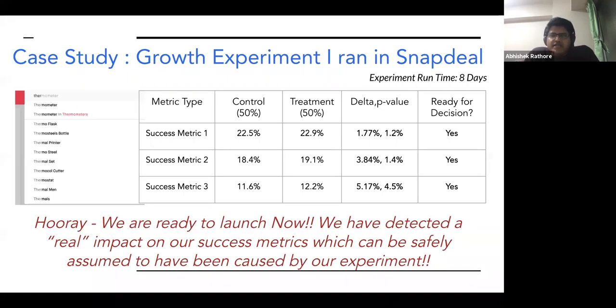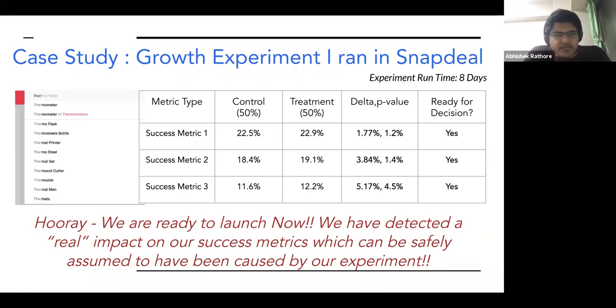You do a power analysis before starting an experiment, and you calculate p-values. When you do all these calculations, you reach this state where your experiment is ready for a decision. Based upon the metrics that you see, for this experiment with these numbers, it's safe to say that we are ready to launch, and we can launch this feature to 100% of our users, and it's a success.